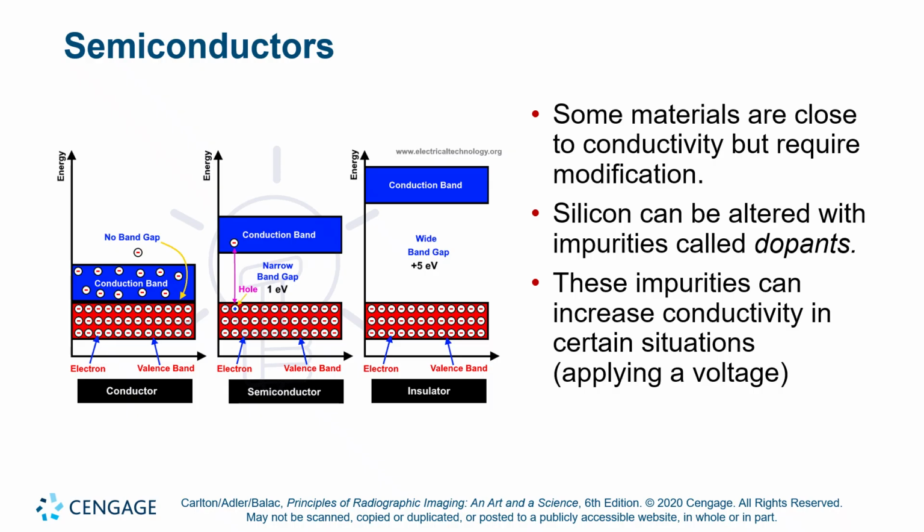In other words, not all the valence electrons, but a small amount, enough, do end up conducting. And then those dopants with an extra vacancy allow a place for a wandering electron to drop into. And so that also increases the conductivity. We'll talk more about semiconductors later when we tackle the X-ray circuit.